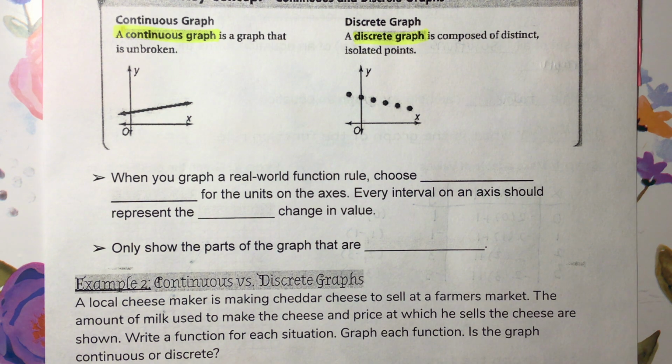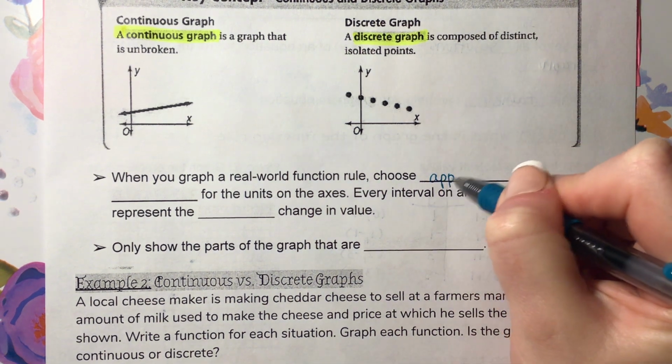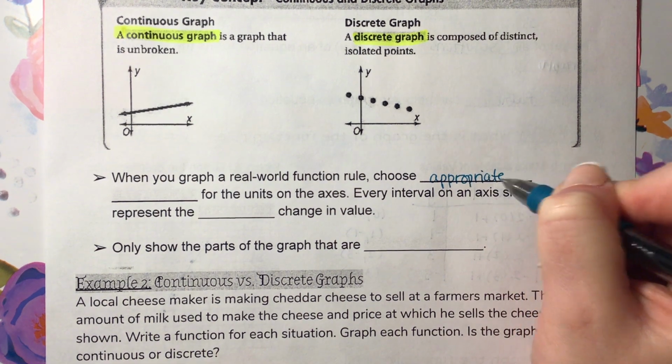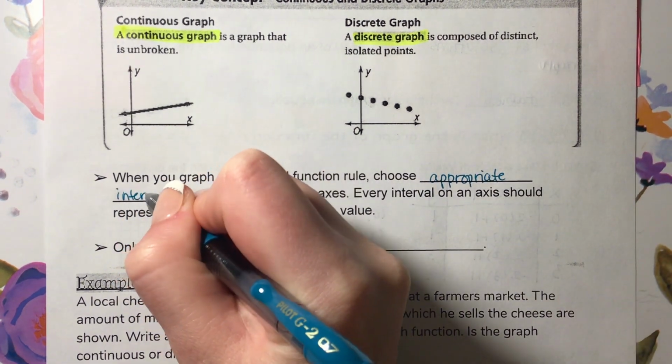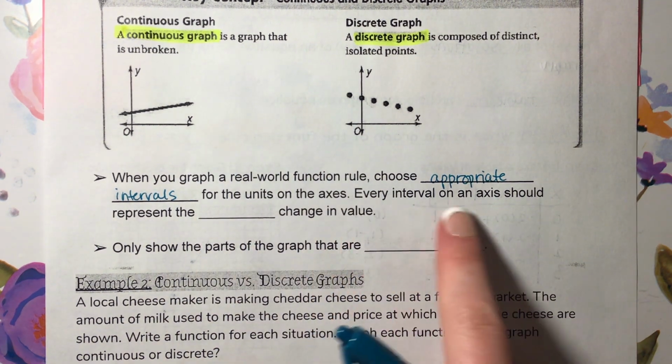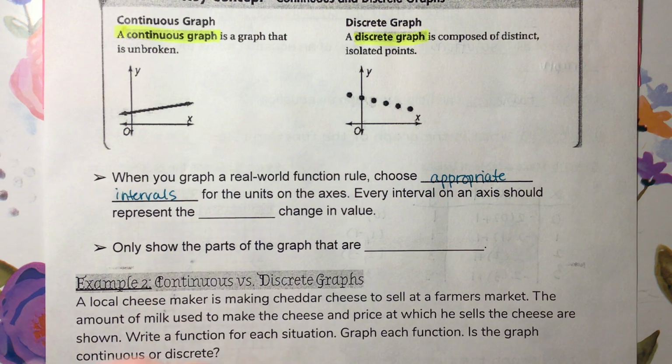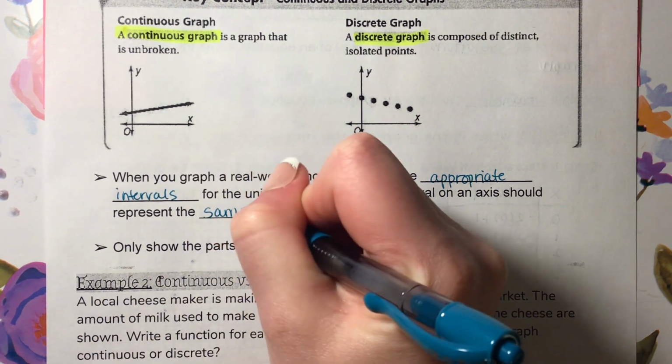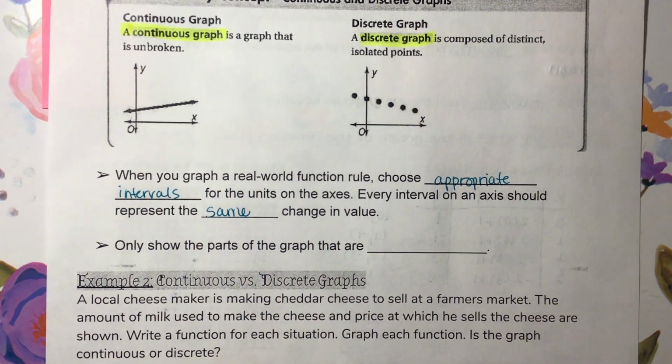So it says, when you graph a real-world function rule, choose appropriate intervals for the units of the axes. Every interval on an axis should represent the same change in value. So it's important if you have numbers like 5,000 and 10,000, hopefully you're not counting by ones because that would be a gigantic graph.